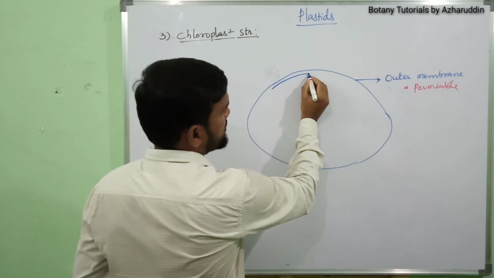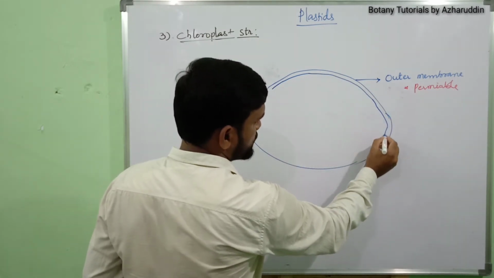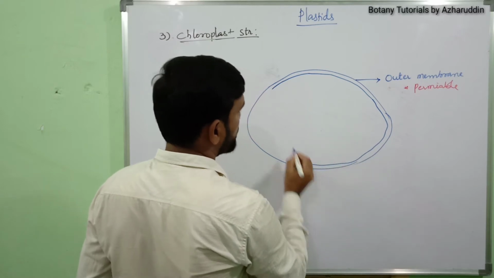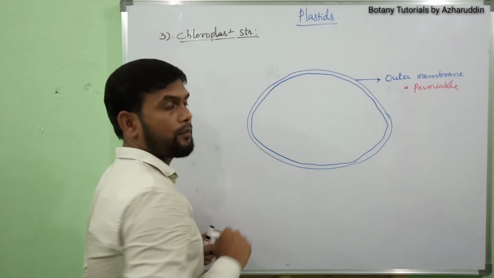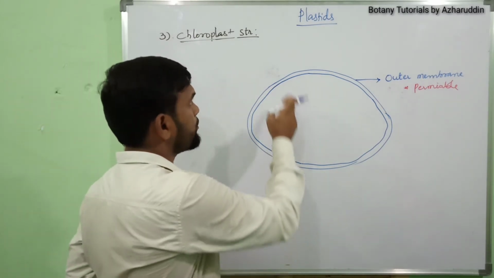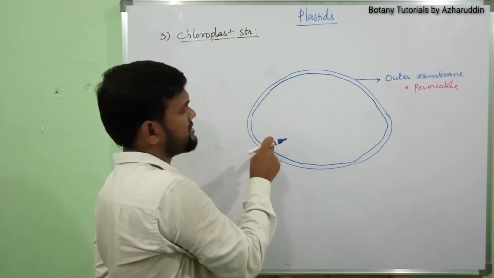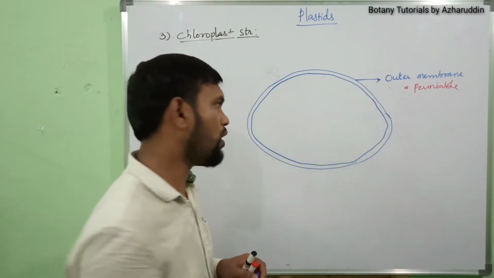Next, coming to the inner membrane. The inner membrane is present below the outer membrane, and it is also smooth walled. But in mitochondria, the inner membrane shows invaginations. Coming to the plastid, that is chloroplast, the inner membrane is also smooth walled.